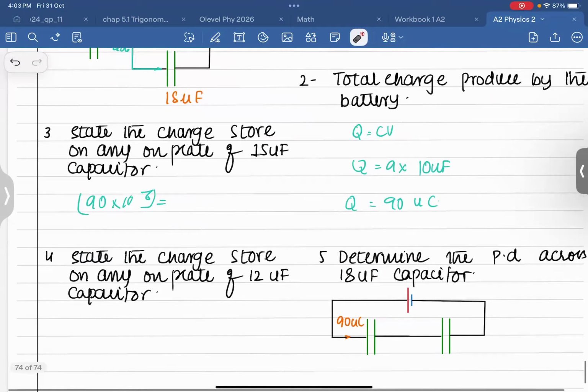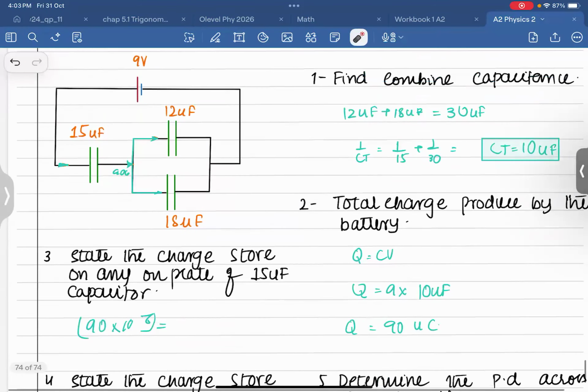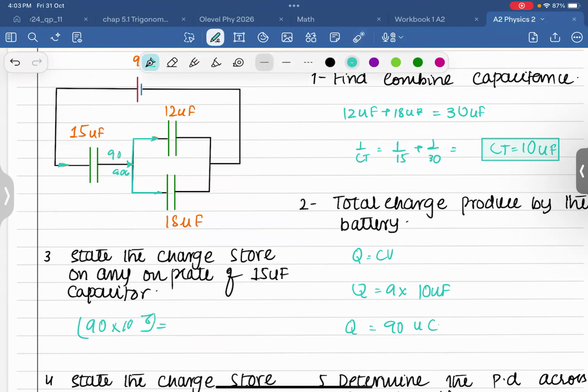For this one, state the charge stored on any one plate. Till this point we have 90 microcoulomb of charge, right?